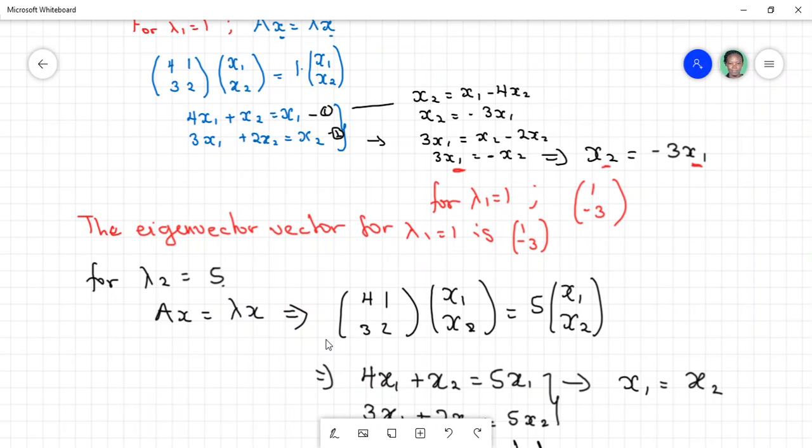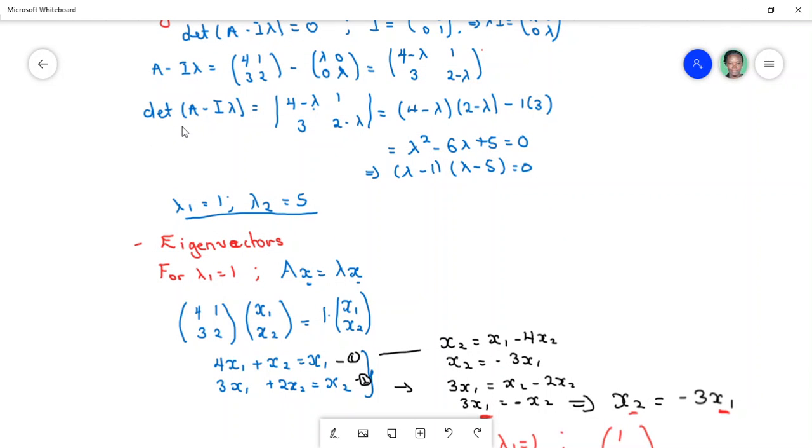Let's take another example. We want to look at a 3 by 3 matrix.